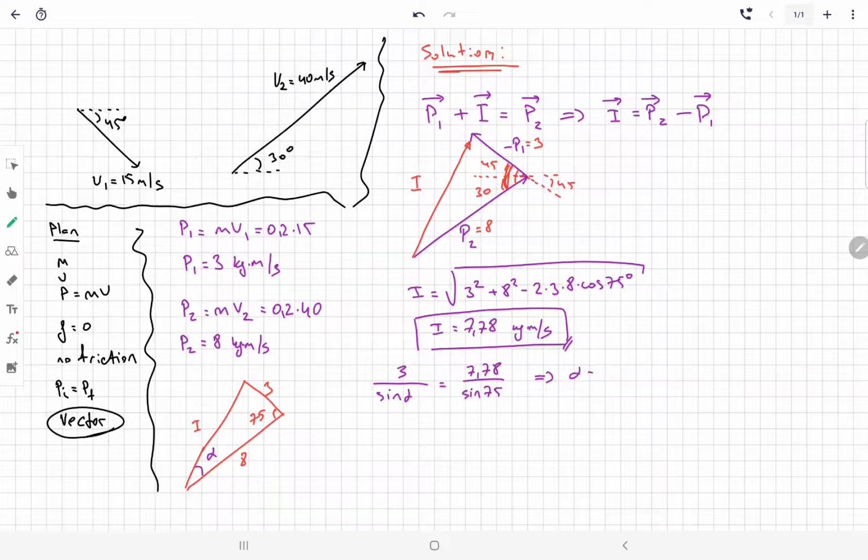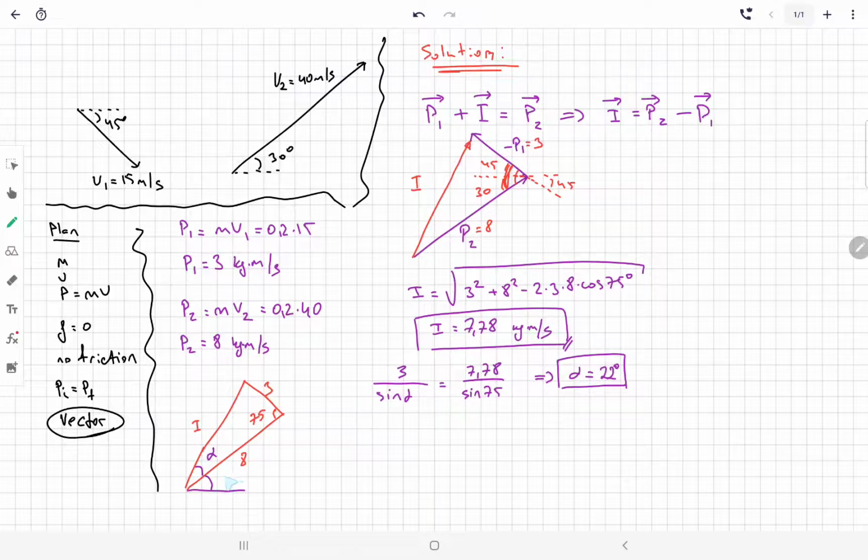From here we can find the angle, and this angle will be equal to 3 times sine 75 over 7.78, and in terms of angle it will be equal to 21.8 approximately. So we can round it to 22 degrees. So this angle is 22 degrees.